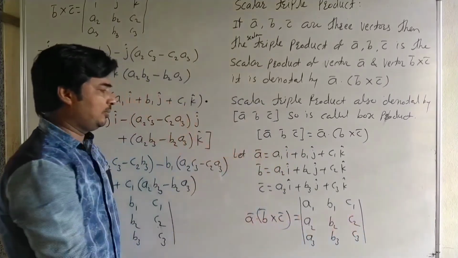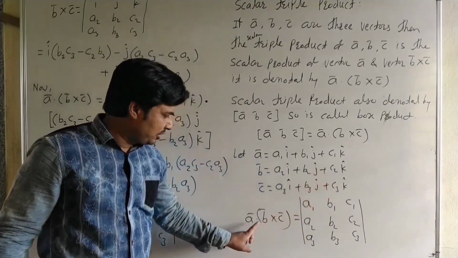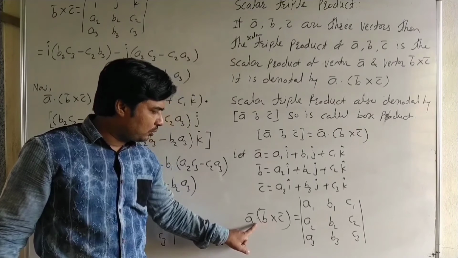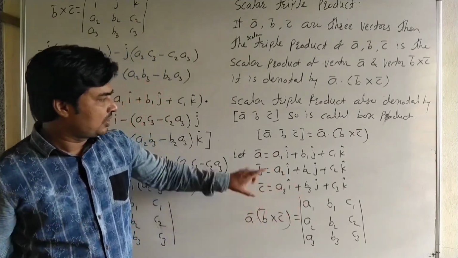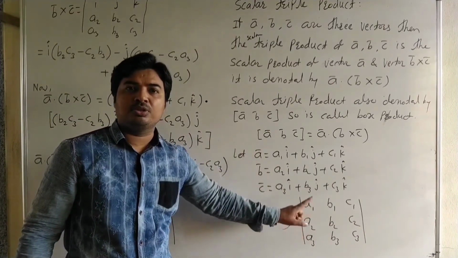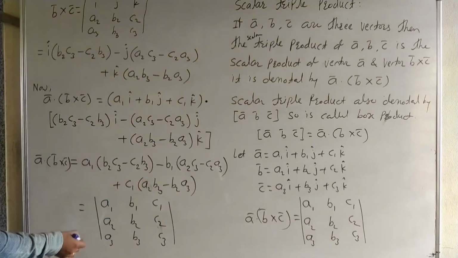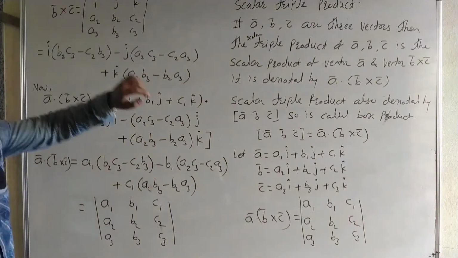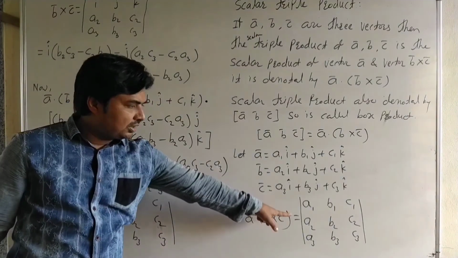It is a scalar triple product, and the value of the determinant is a scalar, because it is the scalar product, the dot product, of these two vectors A bar and B bar cross C bar. See carefully, when we are given three vectors, then it is the scalar triple product of three vectors. Here first we find the cross product and take the dot product. Here we get this determinant.